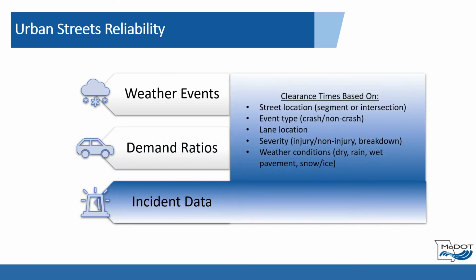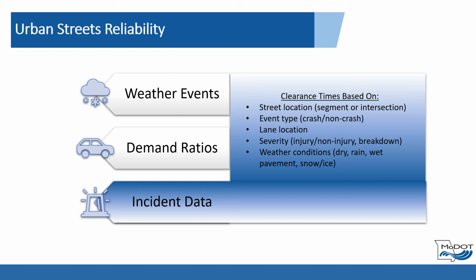Streets reliability incident data differs from most of the freeway reliability modules among the input components. An annual average crash frequency is specified for all intersections and segments comprising the streets network.